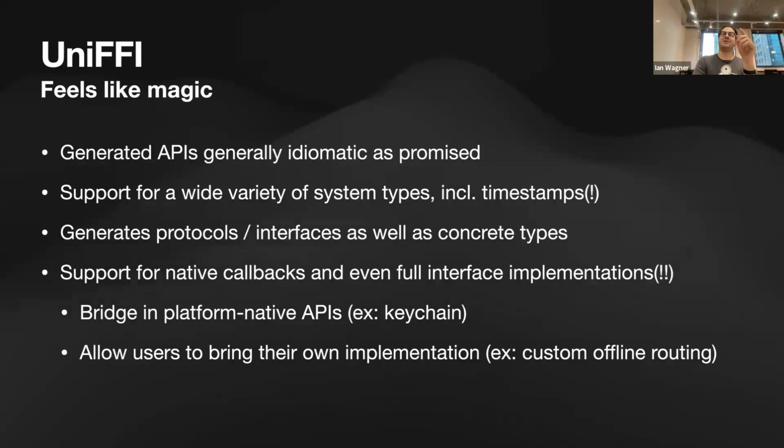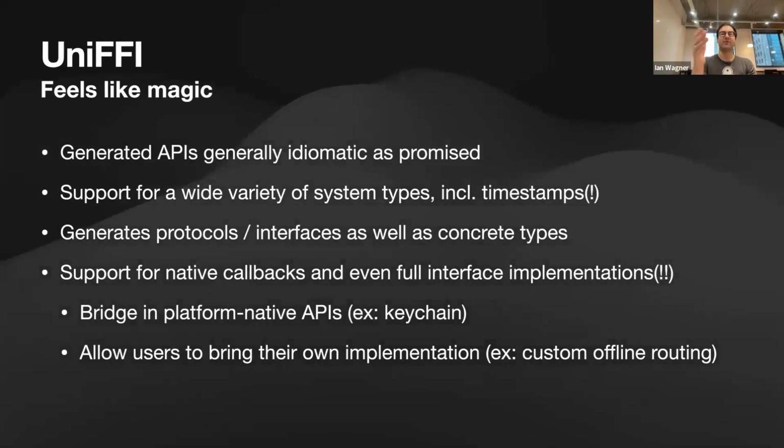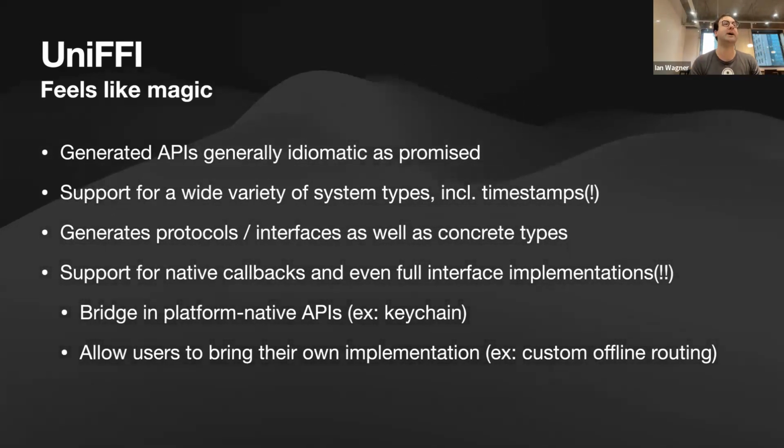It also even has support for native callbacks with the interface implementations. This is super cool because you can basically define an interface in your UDL file. You say, okay, I want this interface that has a get secret method or something, and it's going to talk to the keychain on iOS, which is their secure credential storage APIs.